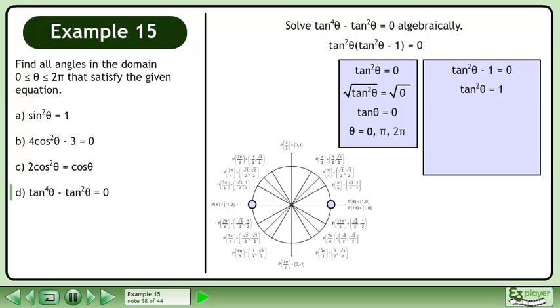Moving on to the next factor, isolate tan squared theta by adding 1 to both sides. Square root both sides. This gives us tan theta equals positive or negative 1.